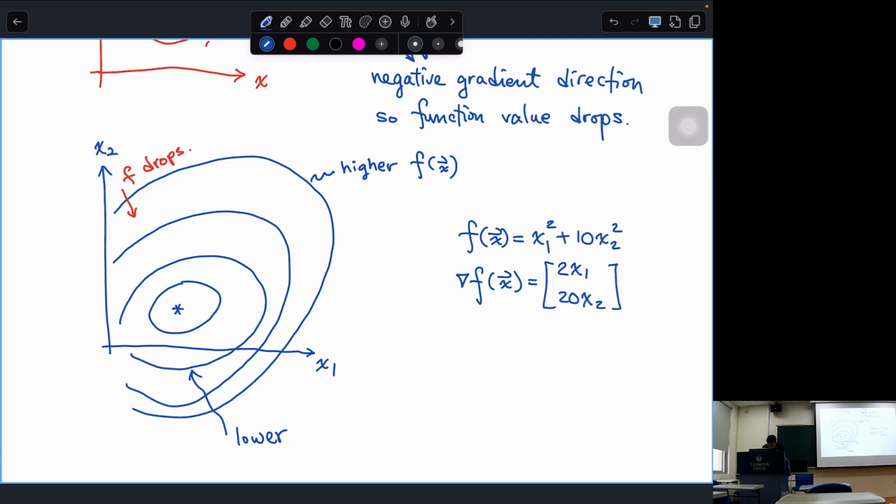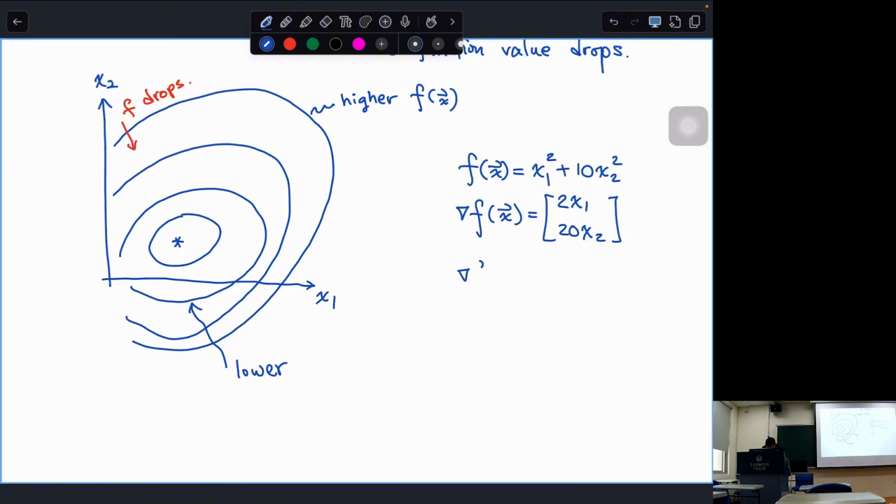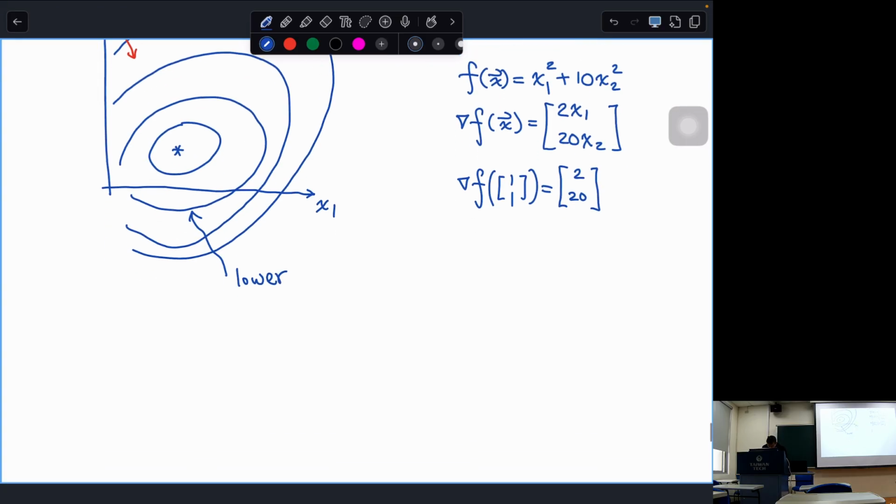If I plug in a location, for example 1 and 1, it's going to look like 2 and 20. If I make a drawing of this function, x1 and x2, it's like an ellipse.